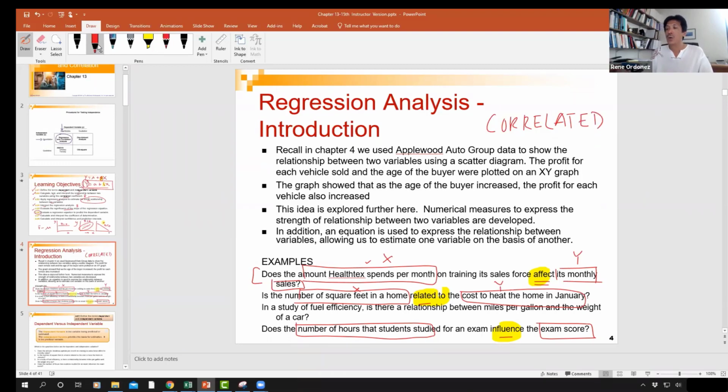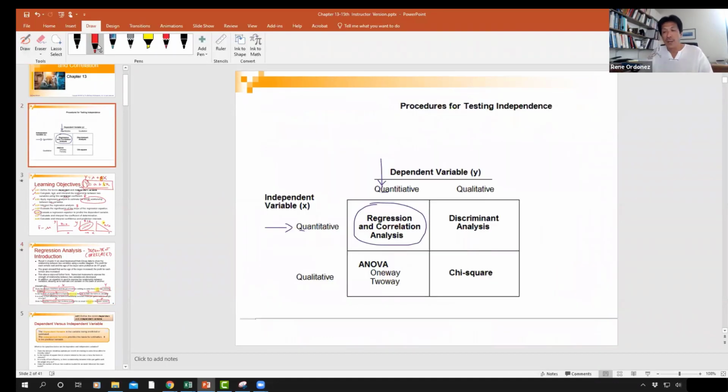Or are they dependent? So this is X and this is Y. Both X and Y are quantitative. So therefore, the appropriate test would be the regression and correlation analysis.